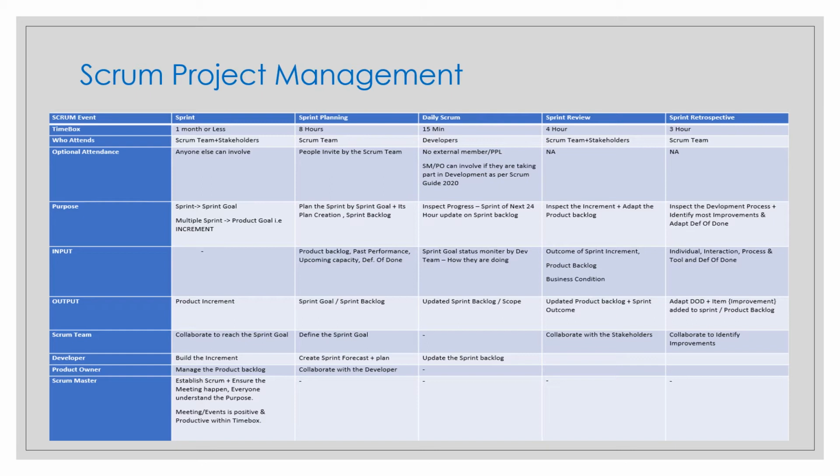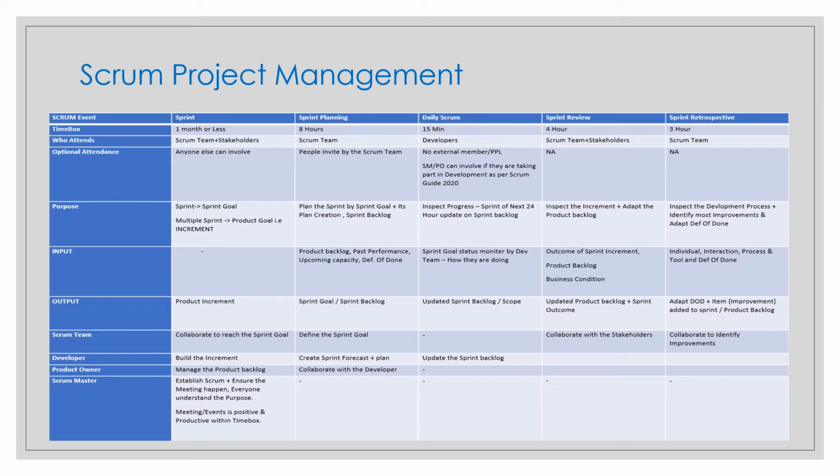So when should the definition of done be created? Essentially whenever you wish, as long as you are not breaking any rule. The main requirement from the Scrum guide is that there must be a definition of done during the sprint planning event.